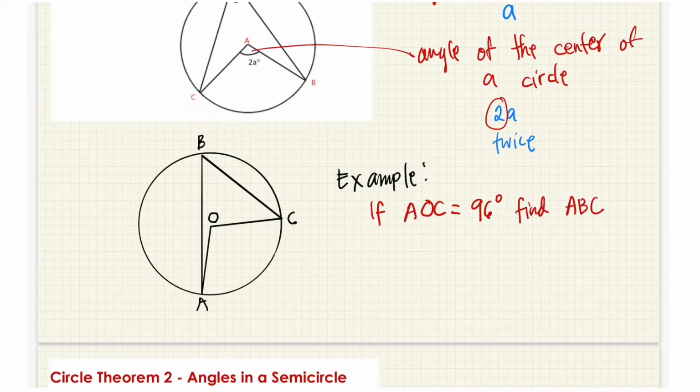Now we have here, if we have AOC, so this one here is equal to 96 degrees. Find ABC.